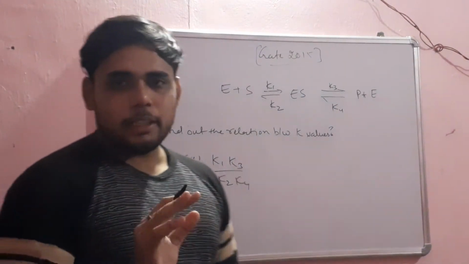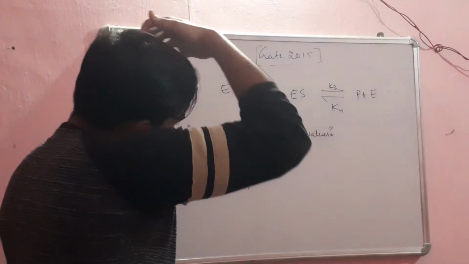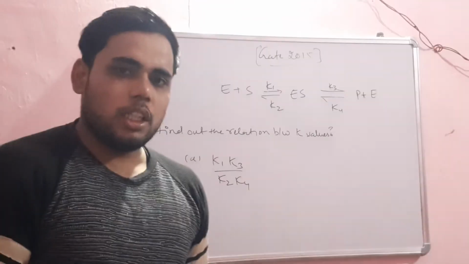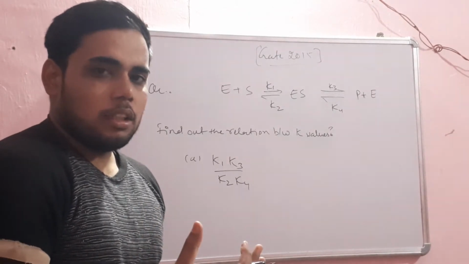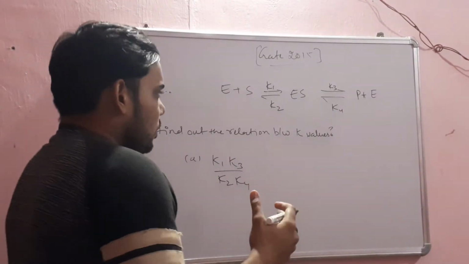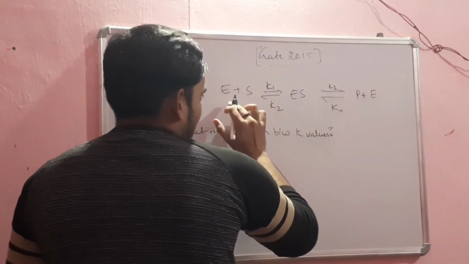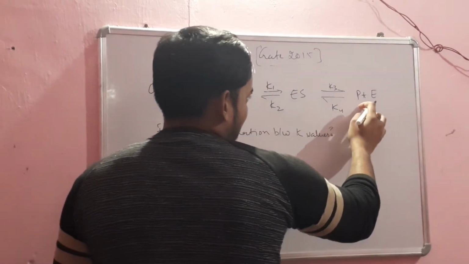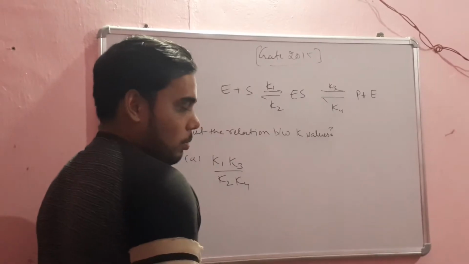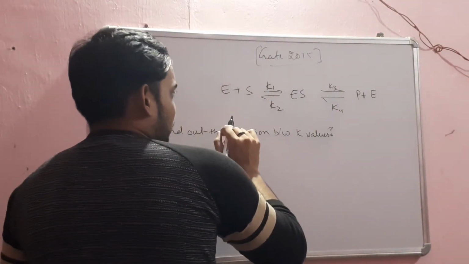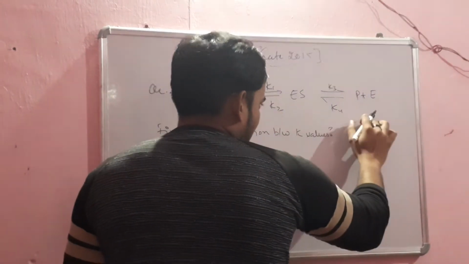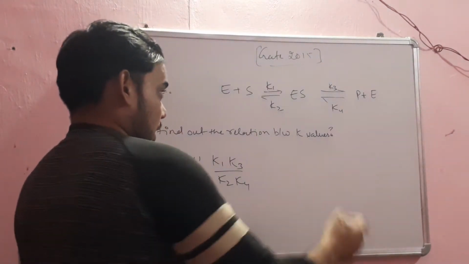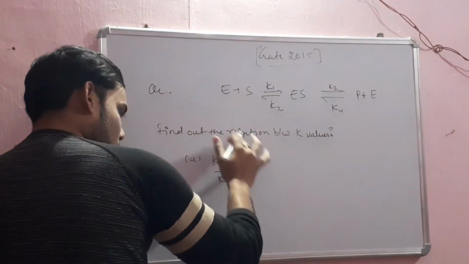Okay, let me correct you here. Whenever you are doing such a question, you have been asked for the activation energy, or for the relation which is correct. When you see this equation, you know that E plus S is being added, and we have a transition state which is ES, and then the product side has P plus E. When this reaction is going in the forward direction, we have k1 and k3 on the positive side, so they will be in multiple or in the numerator side.